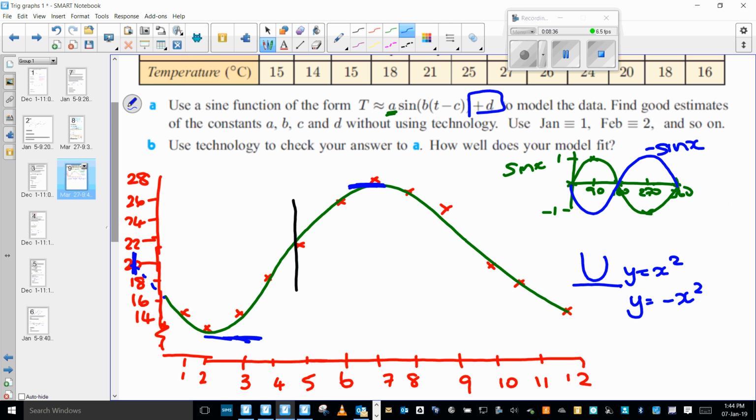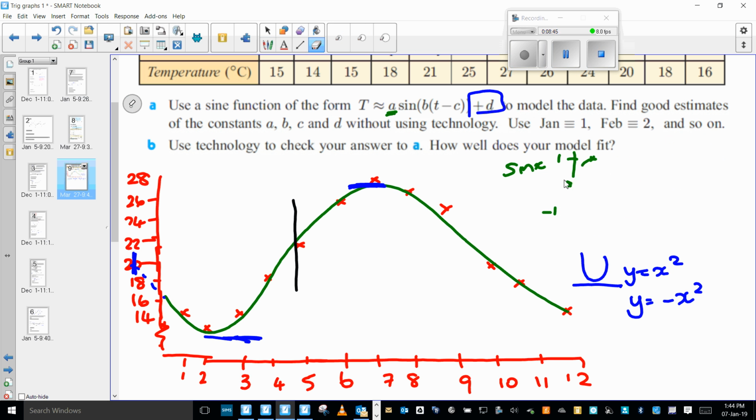Well, if we compare it to our original sine graph, try to get rid of the blue one. Try to get rid of the whole thing. So normally our graph would look like that, and remember, I consider this to be our central line. If our graph has shifted, then our central line has shifted. So where do you think our central line is on this graph, or how can we find it?